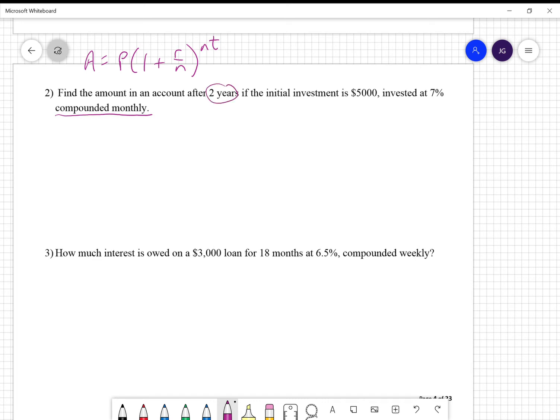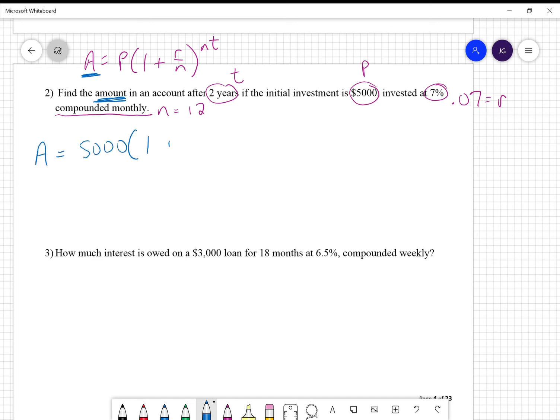Two years is my time. 5,000 is my P. 7%, which is 0.07, is my R. Compounded monthly is my N. And I'm trying to find the amount, which is the accrued or accumulated. So that's A.